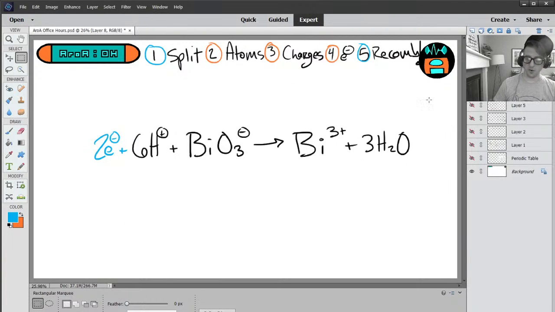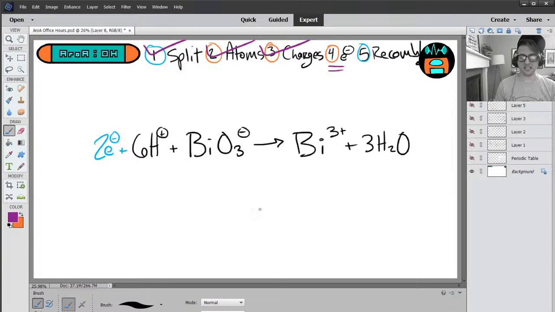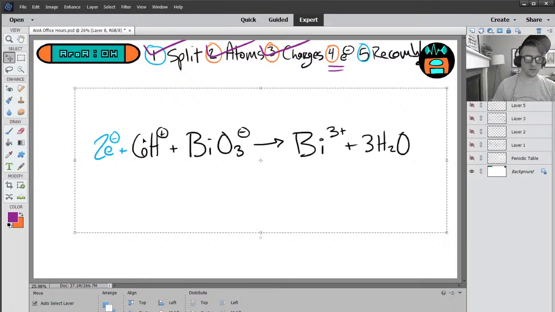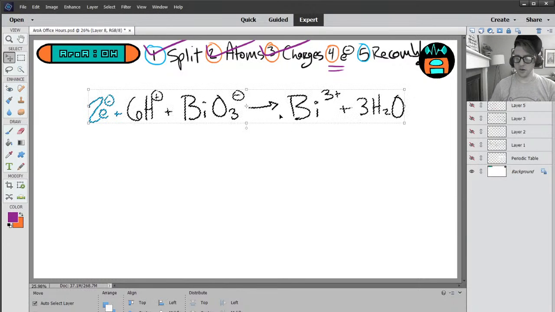So at this moment in time, we've balanced our atoms, we've balanced our charges. Next, we got to balance our electrons. So here's our bismuth half reaction.